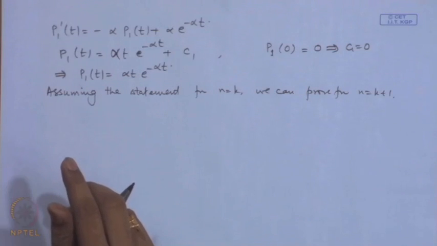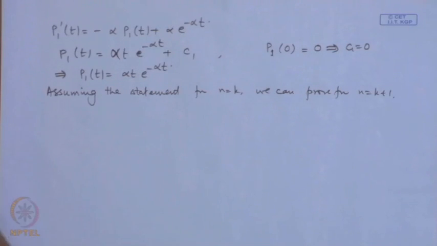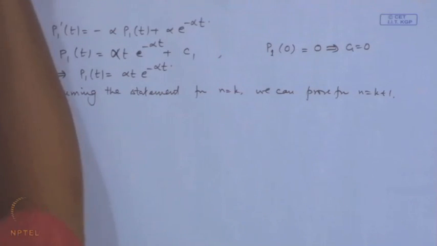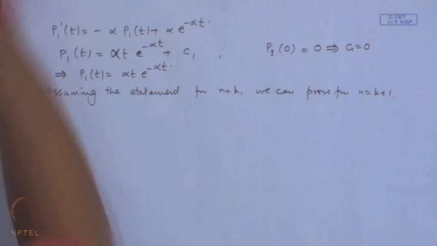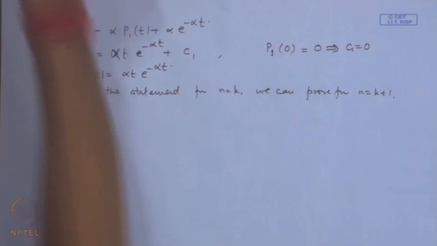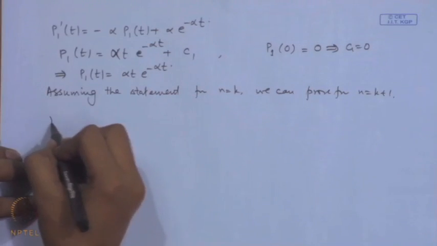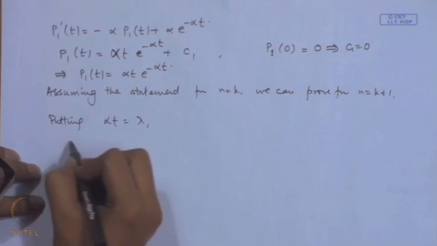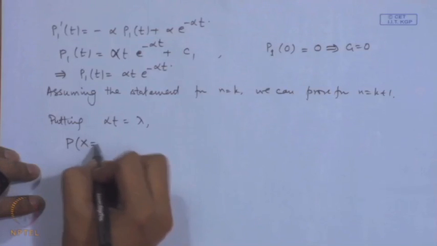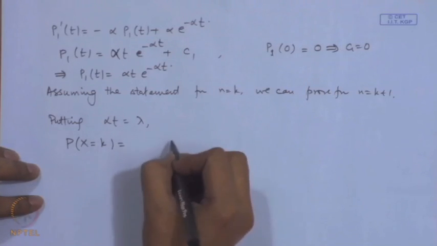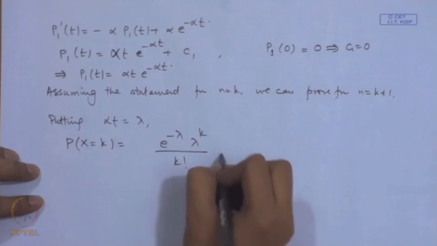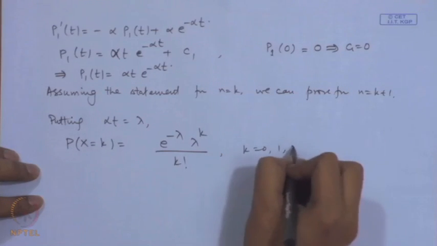So, now in practice generally what we do, we can substitute this alpha t as some lambda and write down the expression for the distribution. Putting alpha t is equal to lambda, we write the distribution: probability X equal to k is equal to e to the power minus lambda, lambda to the power k by k factorial for k equal to 0, 1, 2 and so on.